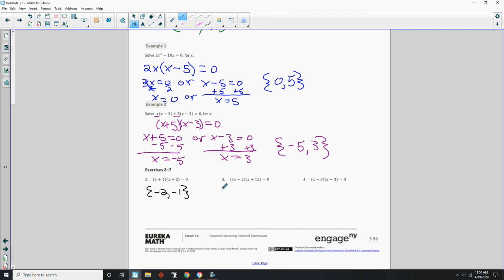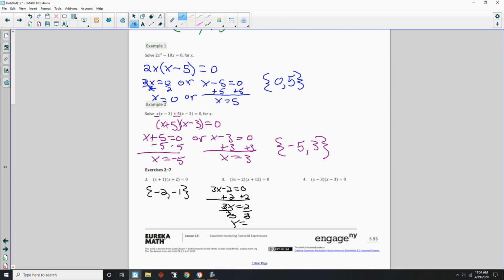Okay, now this one's a little different. It's got a coefficient in front. So here's what happens. You add the constant over, and you get 3x equals 2, and then you divide by 3, and you divide by 3, right?